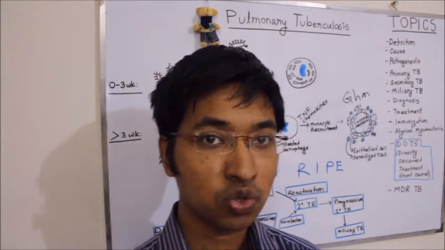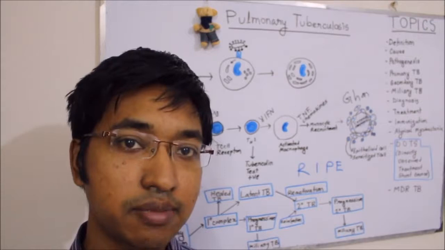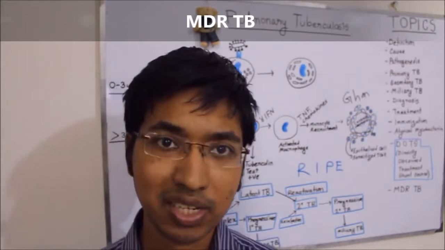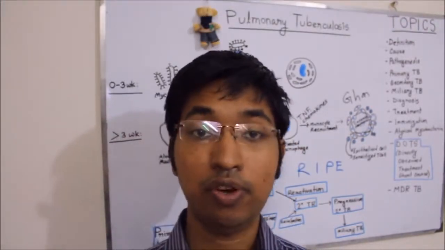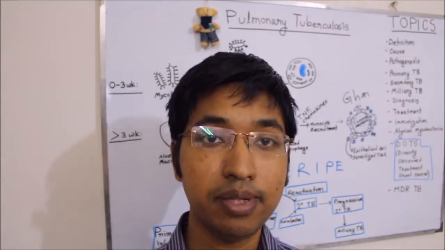So we will now move on to the next topic, and that was multi-drug resistant TB. So multi-drug resistant TB refers to TB that is resistant to at least isoniazid and rifampicin. Recall that isoniazid and rifampicin were two of the important drugs used in treatment of TB.